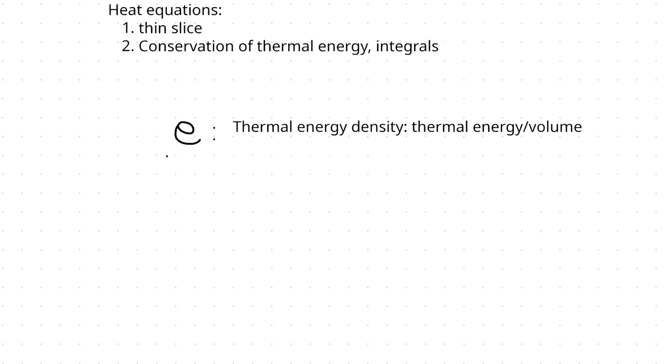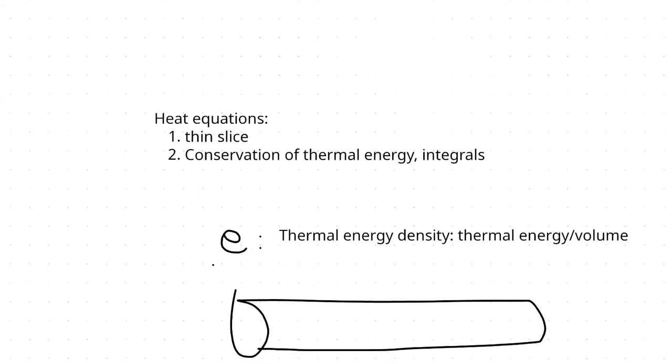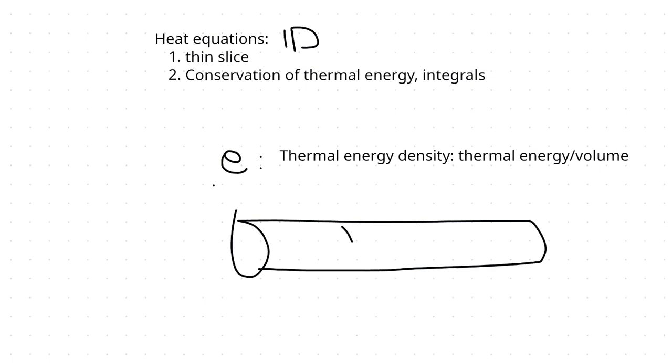For example, let's say we have a shape like a rod, and we'll be looking specifically at the heat equation for one dimension. I should also mention that. And so let's say we have a one-dimensional rod with a cross-sectional area A and a length change in X, right?